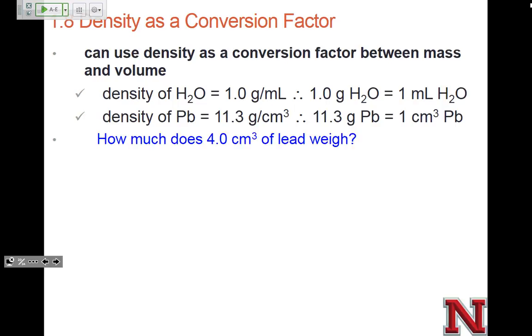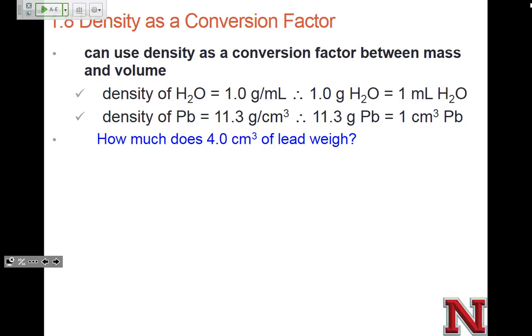So these are conversion factors. If I'm looking at this, if I have a certain volume, in this case 4.0 centimeters cubed of lead, and I know my density of lead at that certain temperature, I can calculate what that mass is, because I have the value. I have 4.0 centimeters cubed.